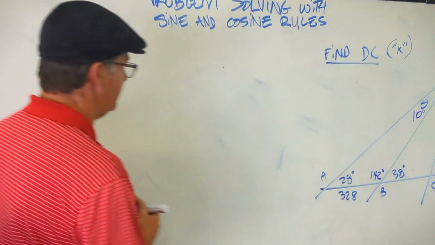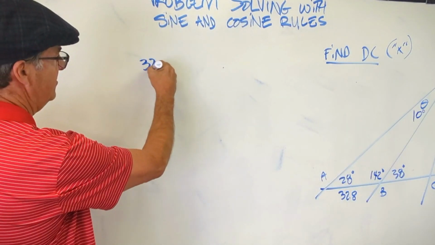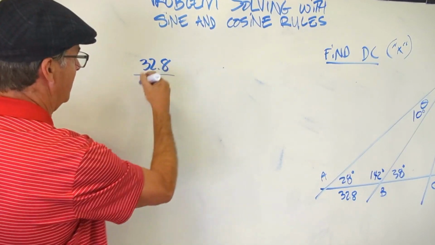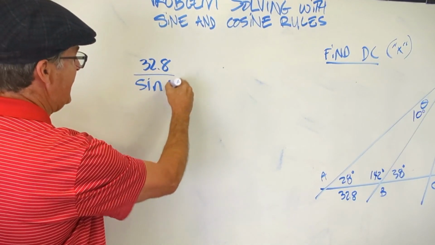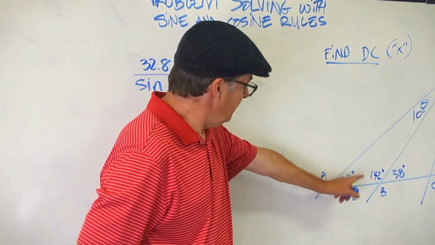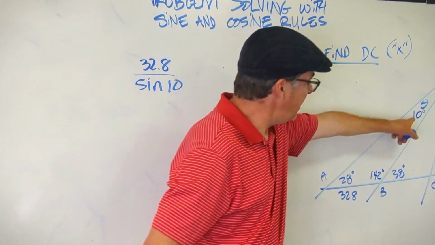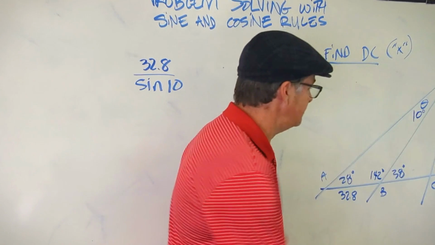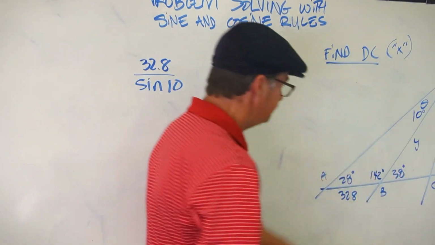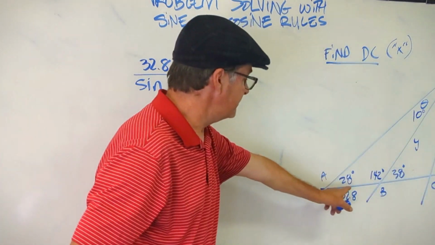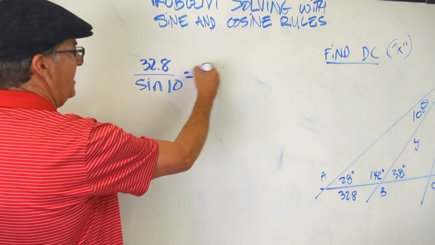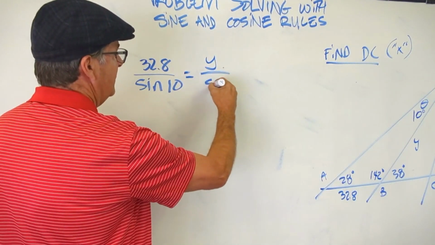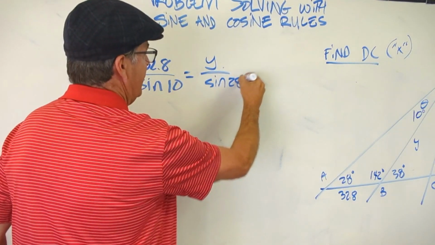So what I can write here is 32.8 over sine of 10. That's this side over the sine of the opposite angle, and that's going to equal this side, which let's call this y. That's going to equal y over the sine of 28. So I can just write that here, y over sine 28.